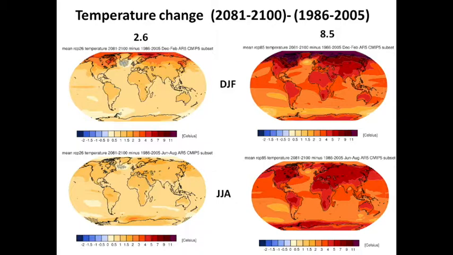Okay, these were the two periods taken in CMIP5 and the assessment report. And we see that in 2.6 the situation is bad, because there are some places, for example in these regions here, where the temperature can reach more than 3 and 4 degrees above this period here.